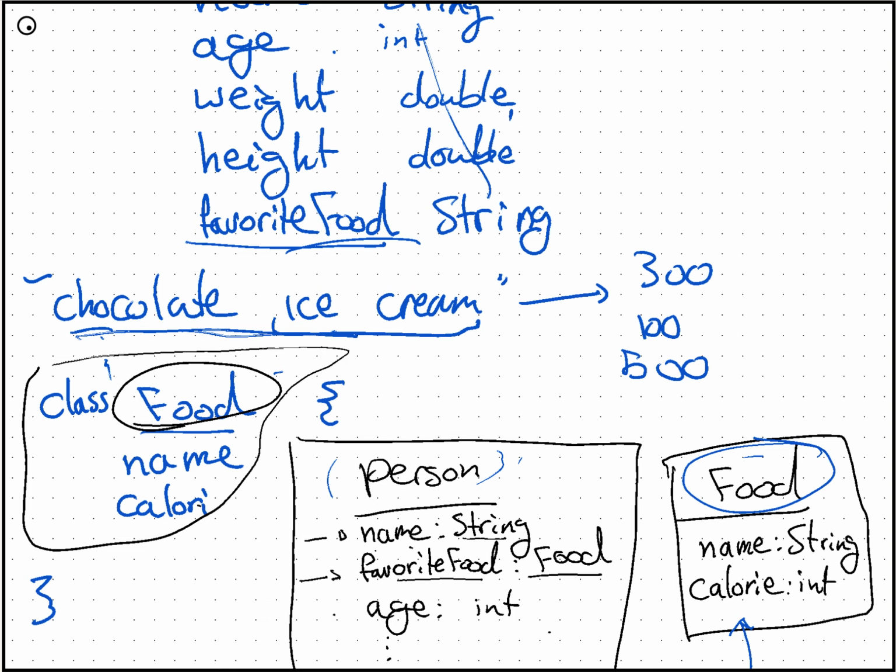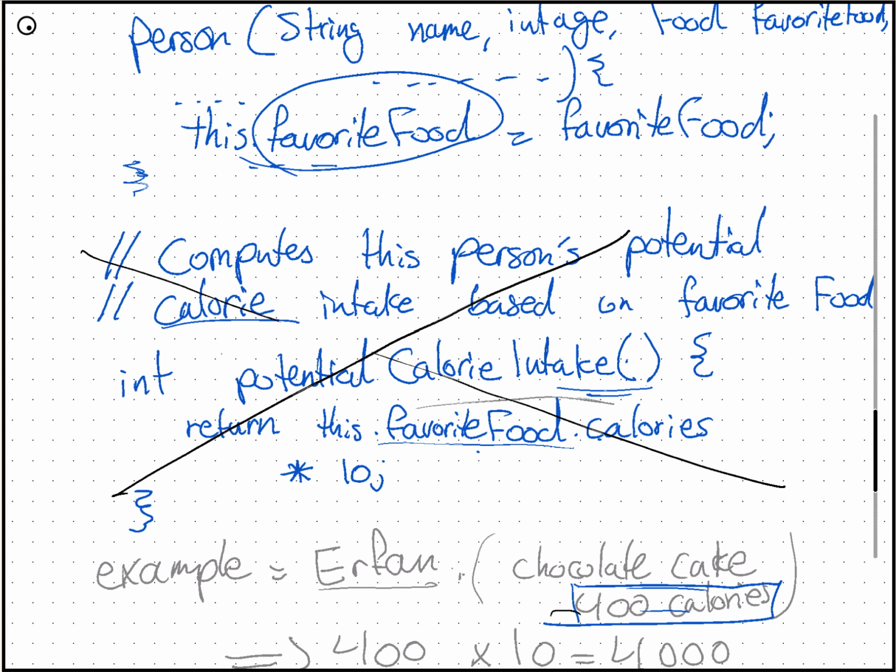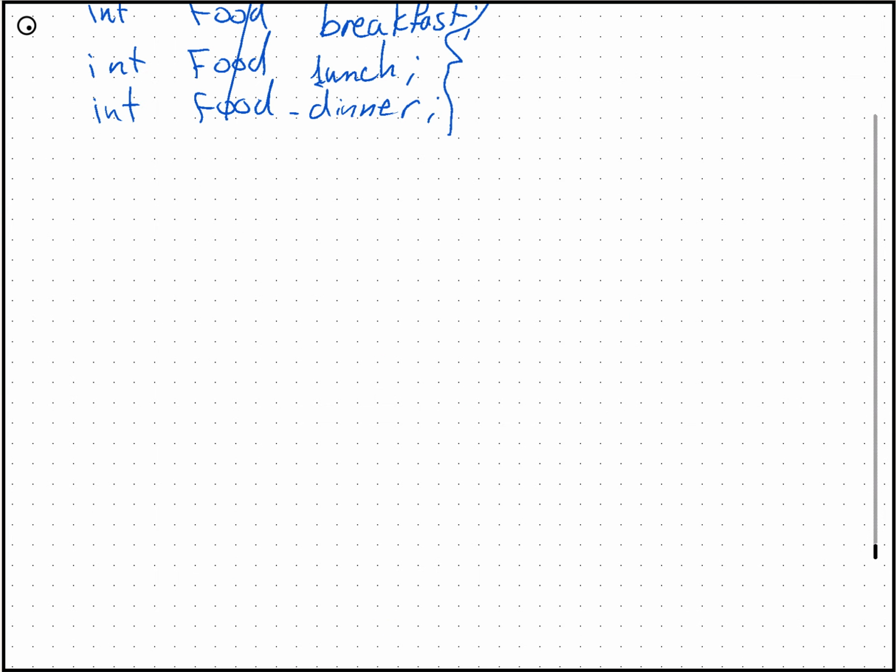So in the favorite food example, you wrote this dot favorite food dot calories. That's what this section was about, right? To access the information from another class. Not necessarily accessing, that's part of what we learned, but the point of the class is knowing that you can now have other classes inside your class.